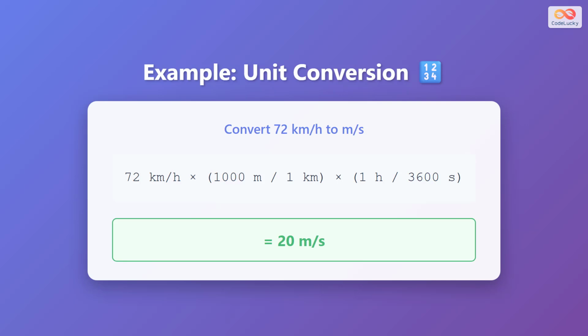This cancels out the hour unit. After canceling the units and performing the arithmetic, we get 20 meters per second. Notice how the unwanted units canceled out diagonally, leaving us with the desired units of meters per second. This systematic approach prevents confusion and ensures accurate conversions every time.